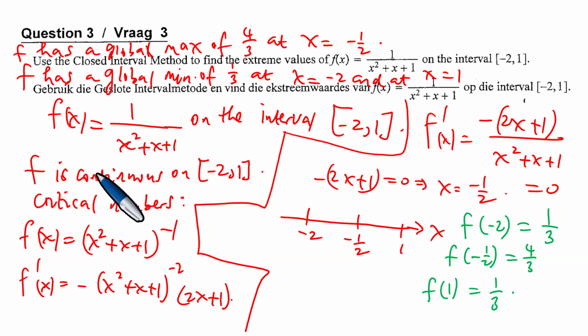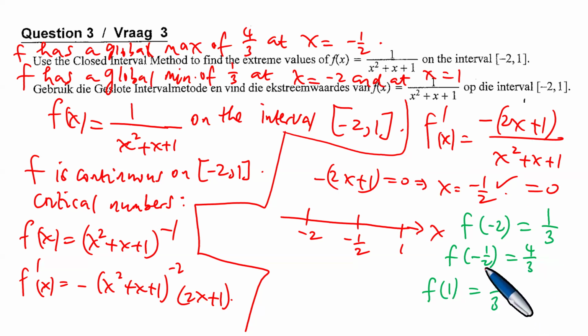And f of -1/2 becomes exactly what? f of -1/2 is 4/3. Why the -1/2? Because we got that x equals -1/2 is a critical value when we put the first derivative to 0. Then f of -2 would be 1/3, and f of 1 would be 1/3.